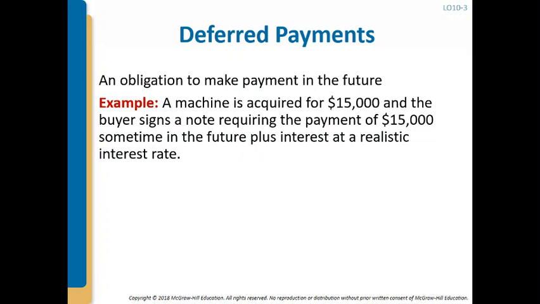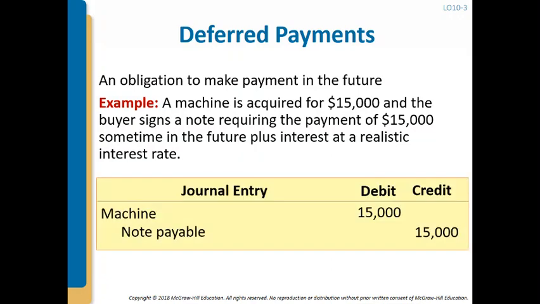So you get the asset, but you get it in exchange for an obligation to make payments in the future. So here you have an example of a machine acquired for $15,000, and you sign a note requiring payment of the $15,000 in the future plus interest at a realistic interest rate. You're simply going to debit machine and credit note payable.